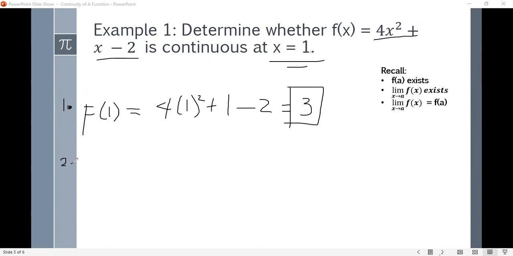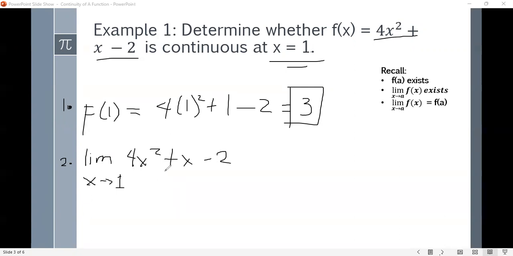So the next condition, the limit of f of x, rather the limit of 4x squared plus x minus 2 as x approaches 1. So evaluating limits tayo. Di ba kinukuha natin yung positive side at yung negative side.